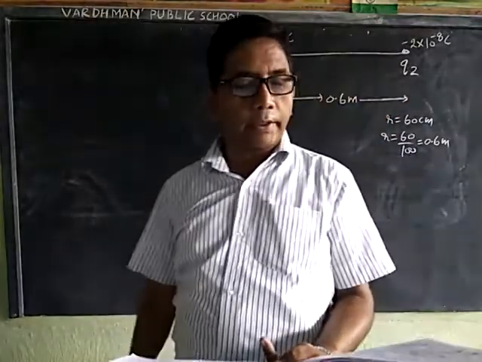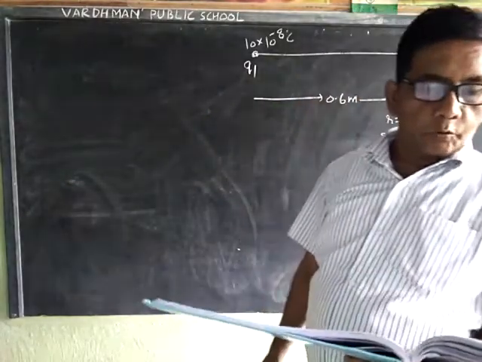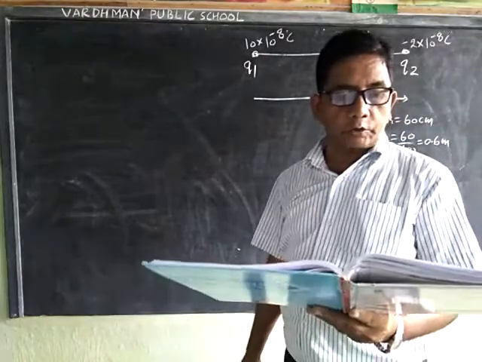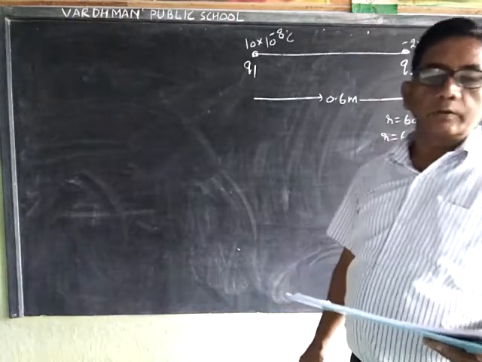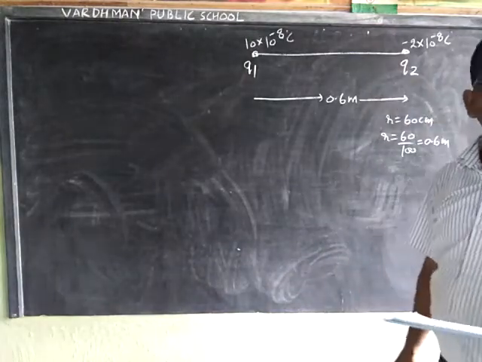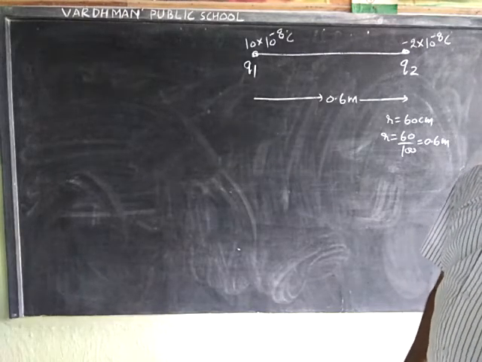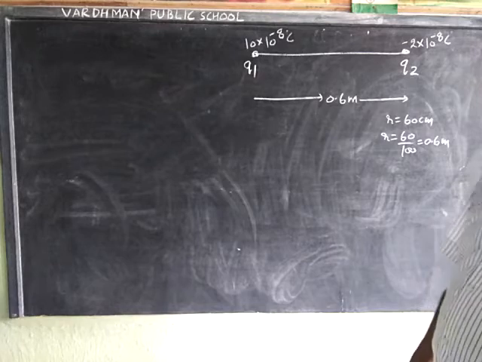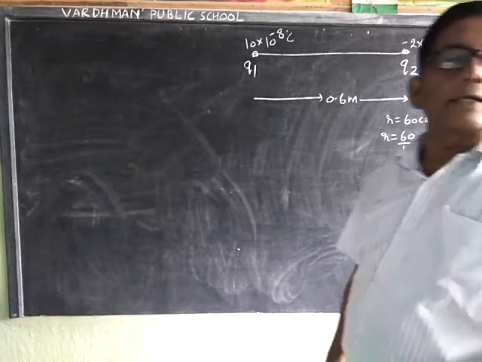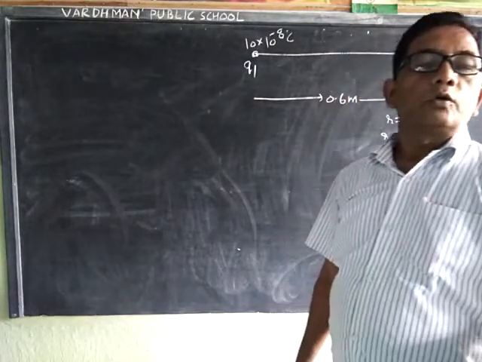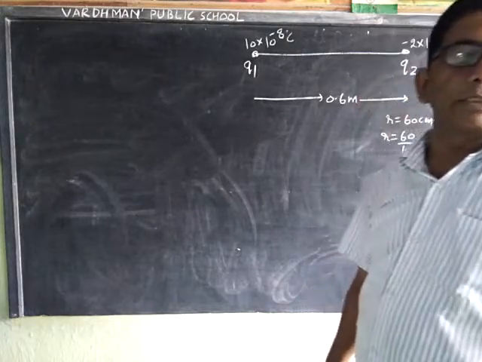Now you have to calculate at what distance from the first charge Q1 the electric potential will be 0. Since we know the total potential at a point due to different charges is equal to the sum of the individual potentials.